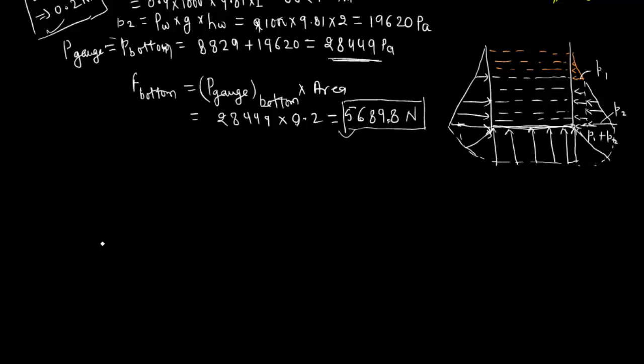Okay, now we are extending this problem, and again we are taking our container here, and we are attaching a tube here. Now the water in our case is maintaining 2 meter of height.